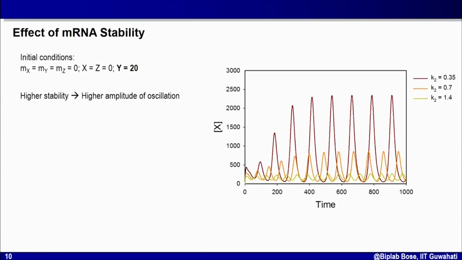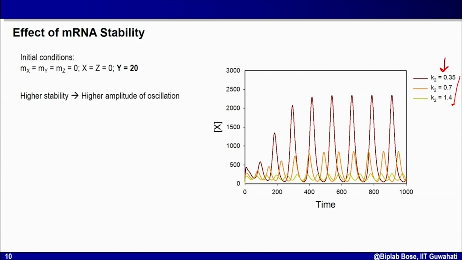What I will do, I have taken the same system where I will get oscillation. When I get oscillation, our K2 is at 0.35. Now I want to increase K2. So that's what I am doing. I am increasing K2 towards 0.47, then 1.4. If I increase K2, that means mRNA will become less stable, right?